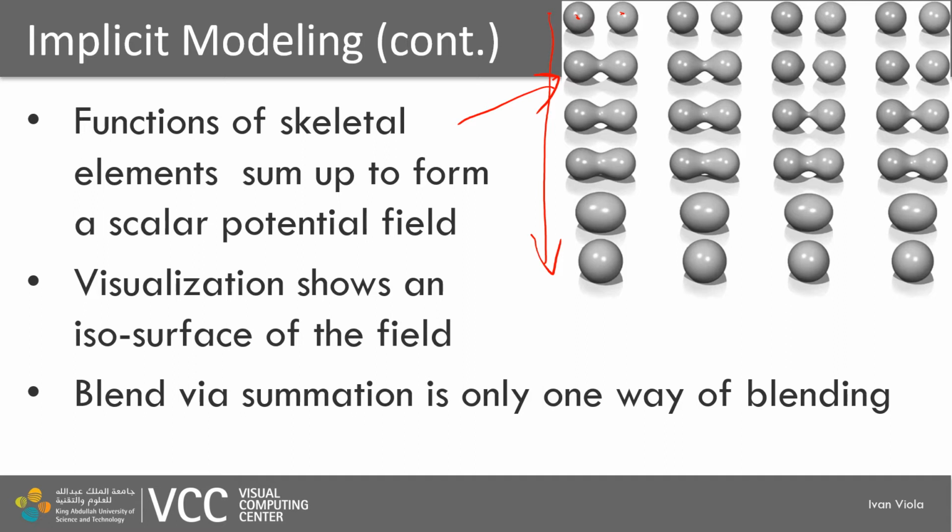We call this value an iso value, and the surface which it is forming is called an iso surface. This image shows you an iso surface of the entire field, not of one skeletal element, but of all skeletal elements, which are 2 in this case.